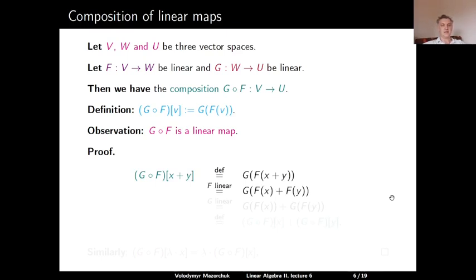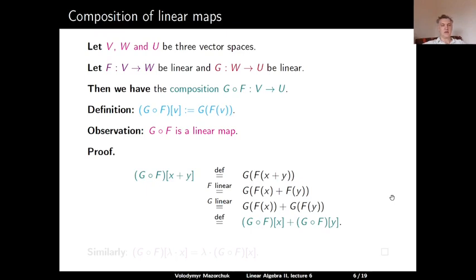But F is linear, so this is equal to G applied to F of x plus F of y. And since G is linear, this is equal to G of F of x plus G of F of y. So by definition, G of F of x is the value of the composition of G and F at x, and G of F of y is the value of the composition of G and F at y.